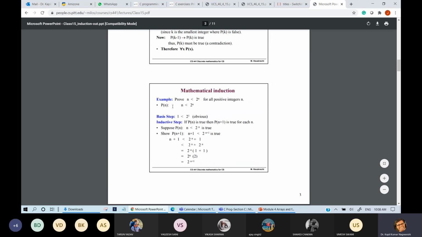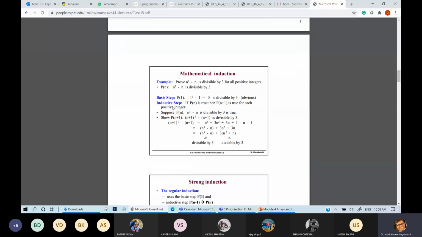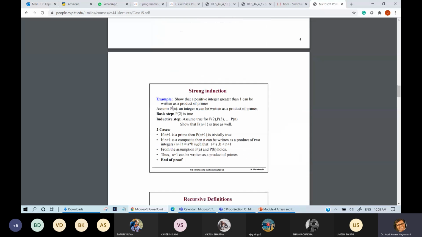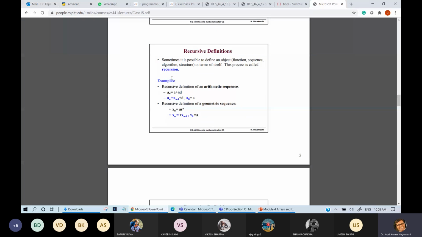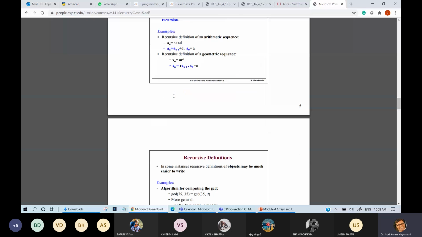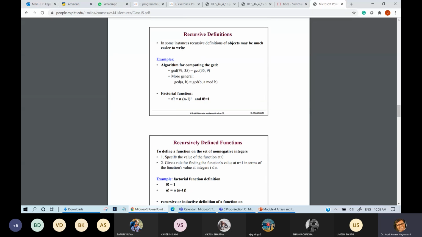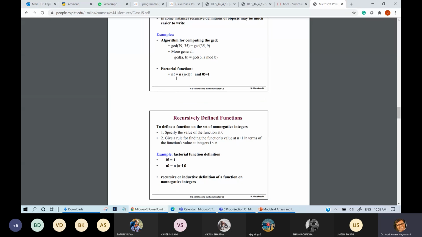Here you can see different examples, but this is by induction only, and this is by recursion. Arithmetic progression and factorial are also solved by recursion.